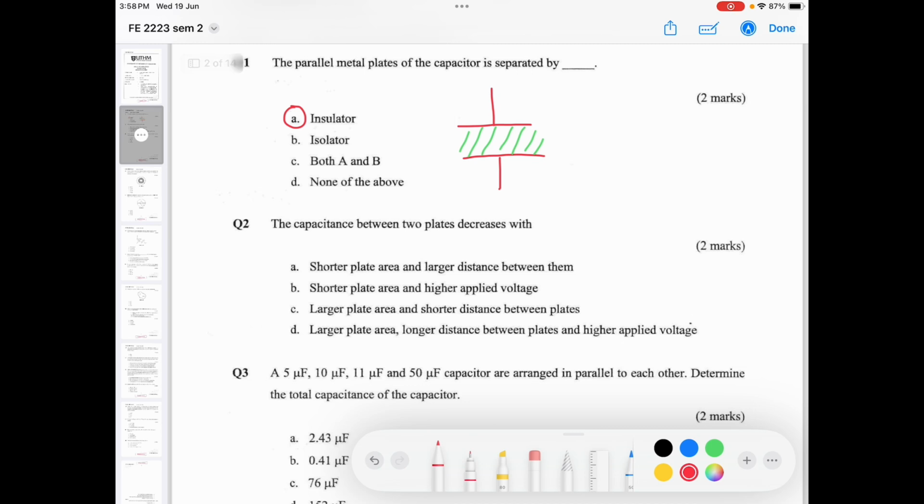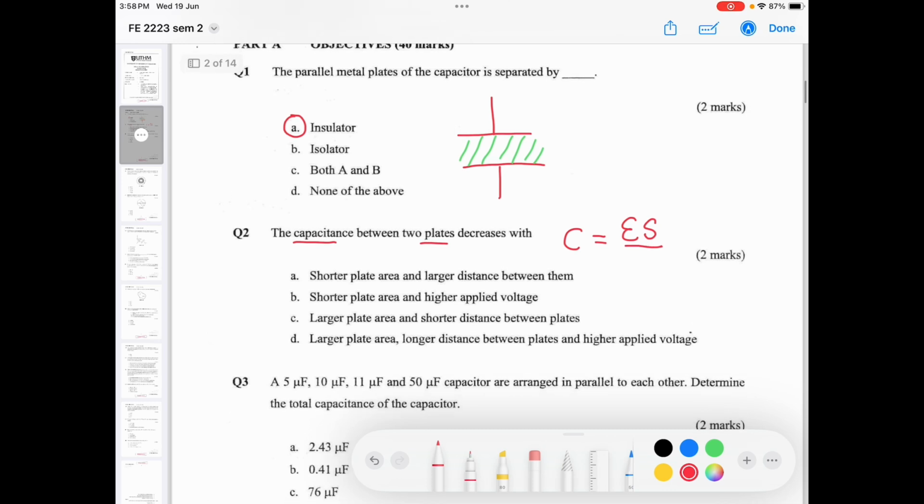Next, the capacitance between two parallel plates decreases with... Okay, so this is the capacitance of parallel plates. So C is equal to epsilon S over D. Okay, so this is the equation. We look at the statements.